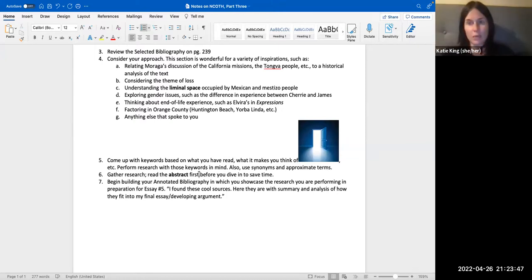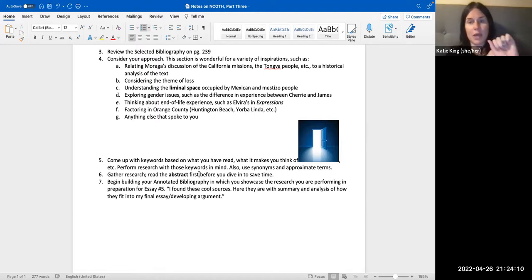You list them just like you would a works cited page, except alphabetized, hanging indent, 1-inch margins, Times New Roman, 12-point font. In between each one of those MLA formatted entries, you summarize the source and then you analyze it according to how it will fit into your essay.